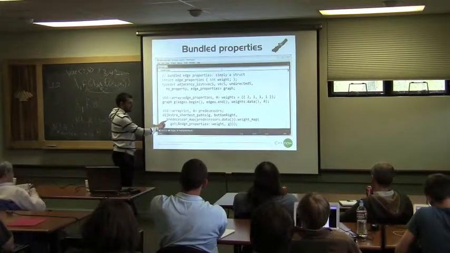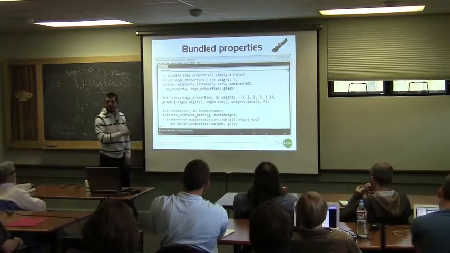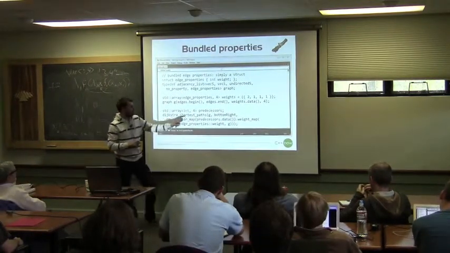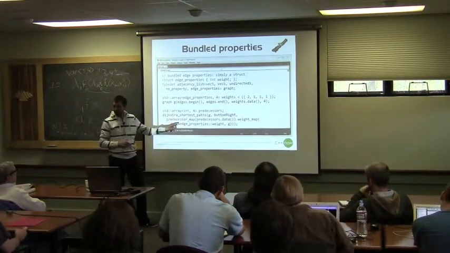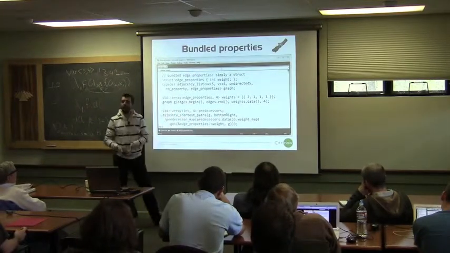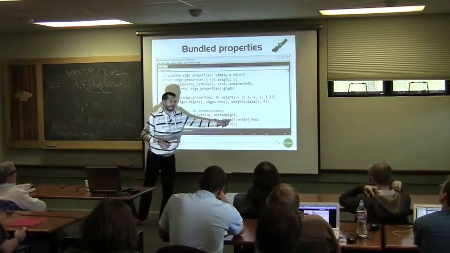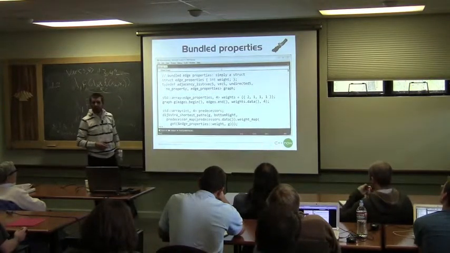I cannot pass multiple named parameters at once. This is the first named parameter, predecessor map. If I want to pass in a second named parameter, I have to call a function on the object which is returned by predecessor map. And that's how I can pass a second named parameter. I have to call weight map here because I have to tell this algorithm somehow where it now finds the weights for the edges.